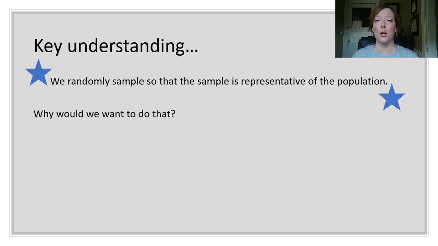So that we can generalize our findings, so that we can say, yes, this represents our population. We can say something about the population of all of the teachers at our school. We can say something about them because we have pulled a random sample of teachers for our experiment. Very important that you understand why we randomly sample.